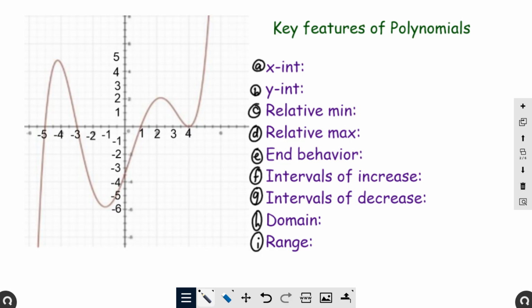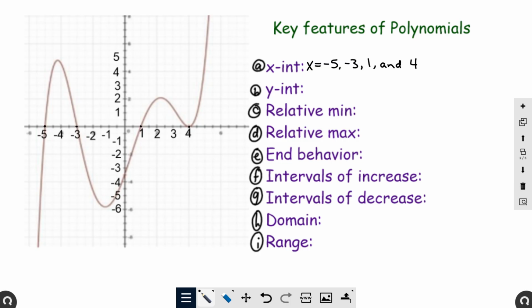What does it mean to be an x-intercept? Where it touches the x-axis. So, here's my x-axis, so it hits at, good. So my x-intercepts are at x equals -5, -3, 1, and 4.